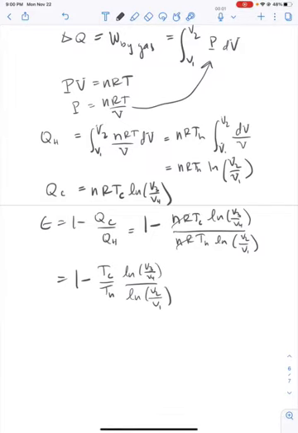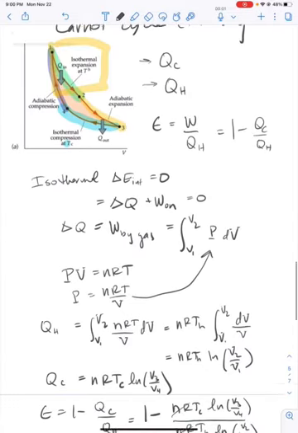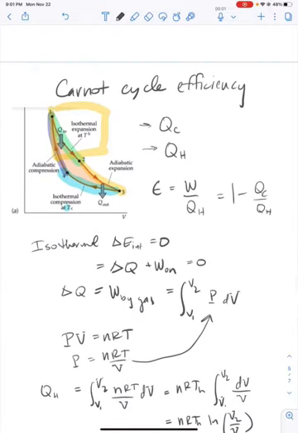Okay, and then now here's where we're going to use our condition for an adiabatic process. So if I scroll back up to our diagram, we have these two adiabatic processes, one going from TH to TC, from 2 to 3, and then the other going from TC to TH, 4 to 1, okay?